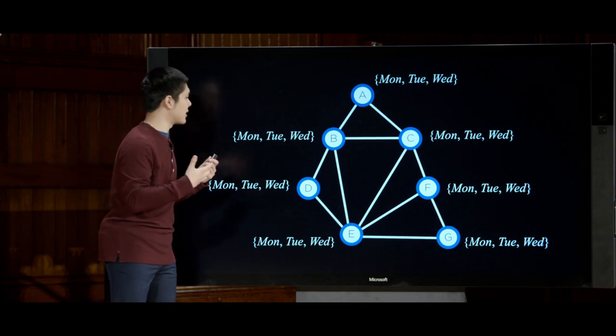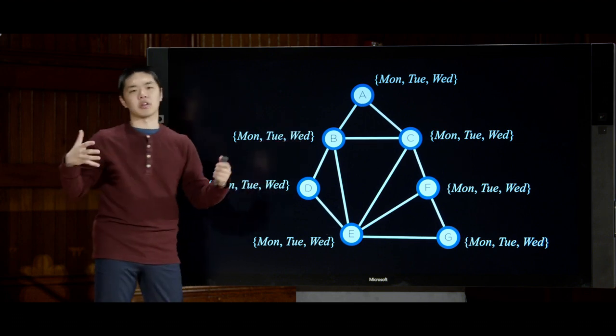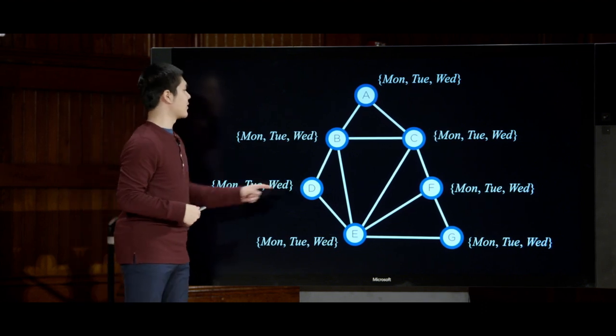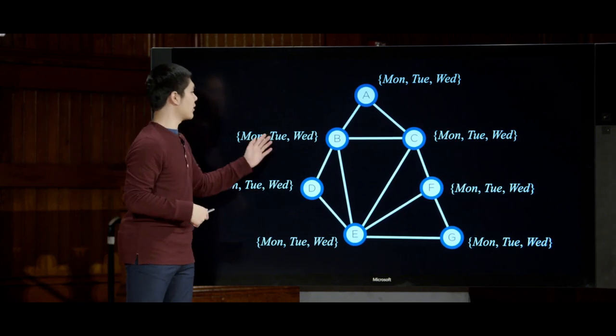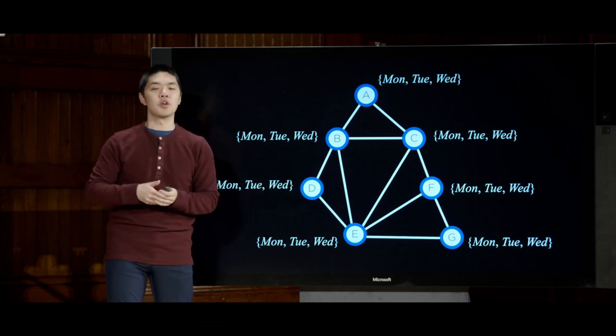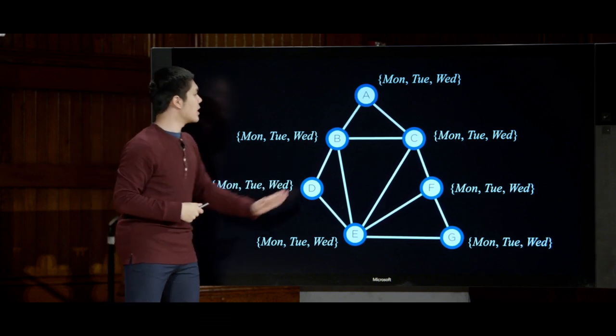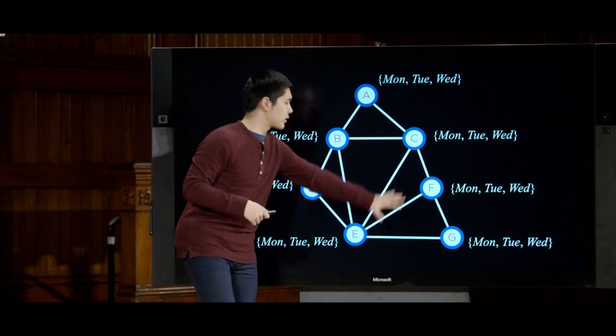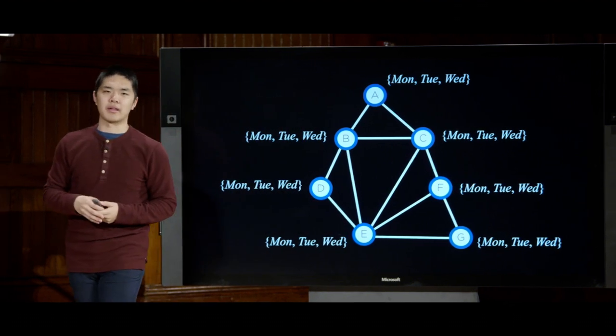So this is actually quite easy to just take an arc and declare that it is arc consistent, because if I pick Monday for D, then I just pick something that isn't Monday for B. In arc consistency, we only consider consistency between a binary constraint between two nodes, and we're not really considering all of the rest of the nodes yet.